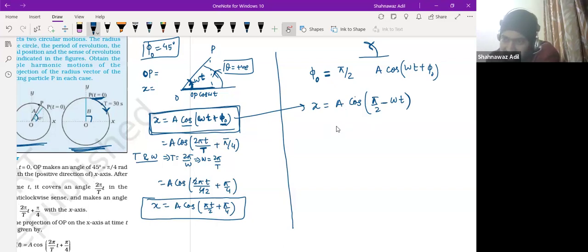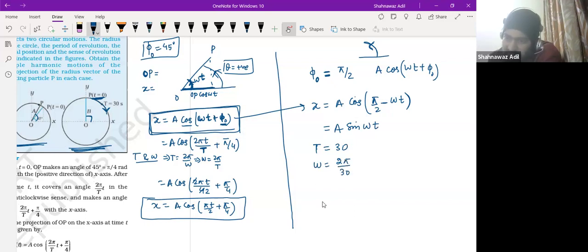And now we know that cos(90 minus theta) is sine theta, right? And T value is 30 seconds. So omega T is 2 pi, so omega would be 2 pi by 30, which is pi by 15.